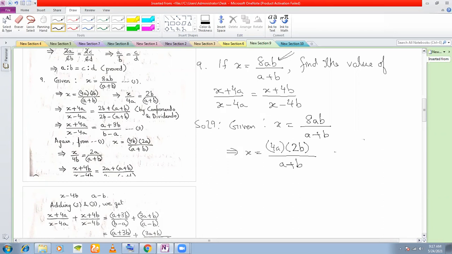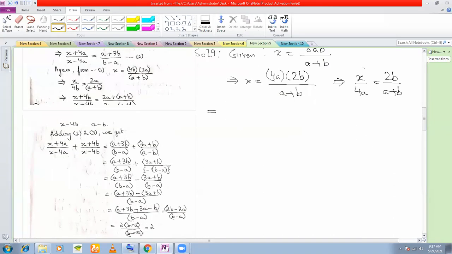That means from here, what do you get? If you divide both sides by 4a, you get x by 4a is equal to 2b by a plus b. Now we can use componendo and dividendo. That means you have x plus 4a by x minus 4a is equal to 2b plus a plus b by 2b minus a plus b.